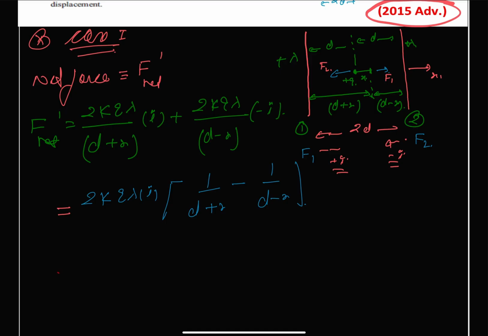So the LCM will give us d square minus x square, and it will come as d minus x minus d plus x, and this will be our minus. So this comes as 4k q lambda x upon d square minus x square, giving us minus of i.